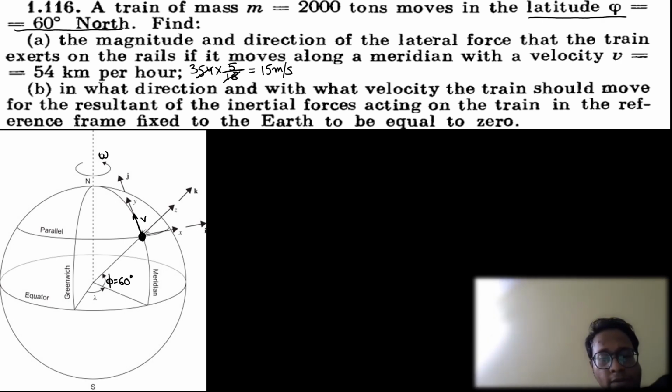Now the question is, what is the lateral force? We have to find out the Coriolis force acting on this train.